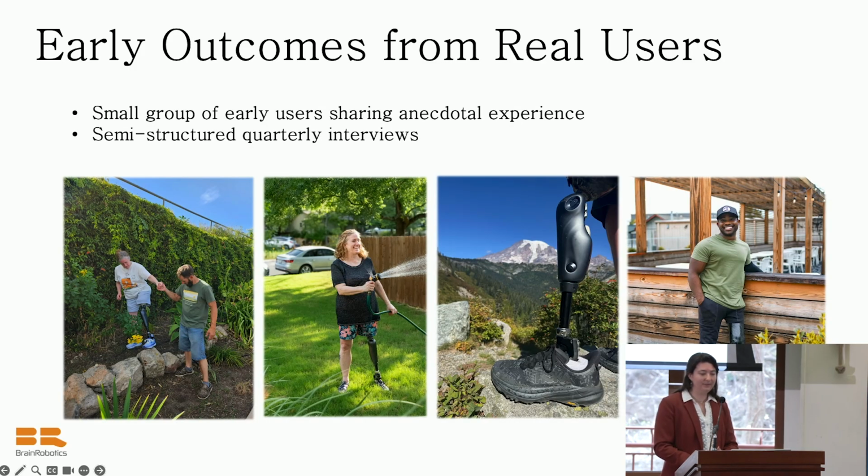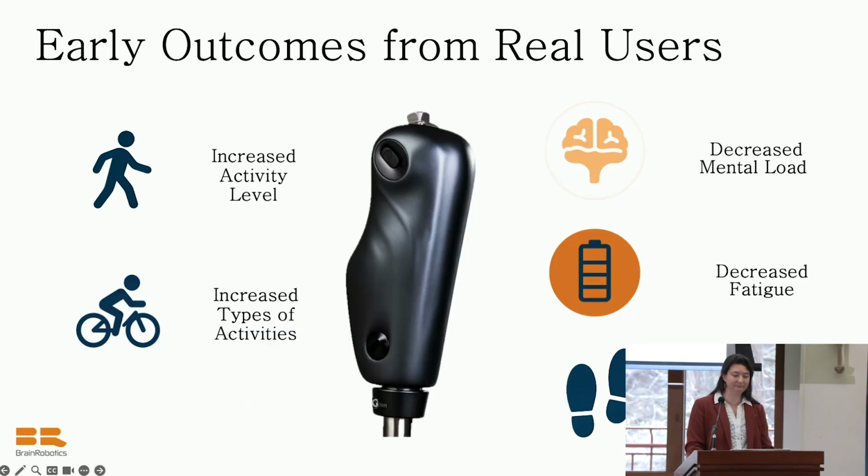Like I said, we have a limited cohort of ambassadors who are early adopters, and they've been sharing their experiences with us and participating in quarterly interviews with our field team. The goal of these interviews is to help us understand what happens when people do the unexpected, and not just in one type of patient population, but across diverse demographics.